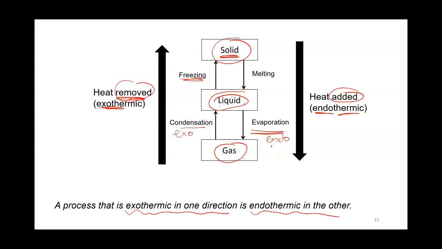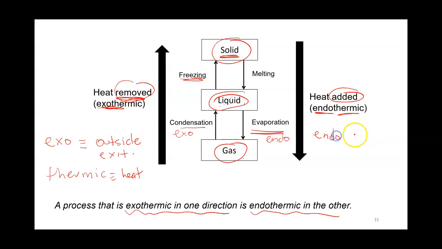is endothermic. So we should point out a little bit of the anatomy of these words. Exo, obviously meaning outside or exit, and then thermic, meaning heat. So it means that heat is being transferred to the outside or heat is exiting the system.